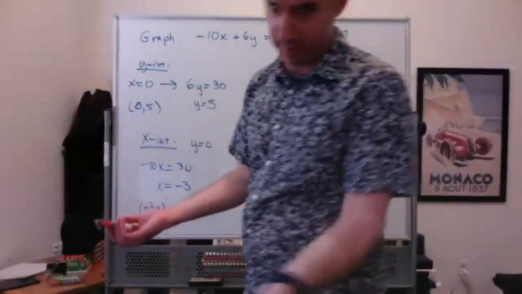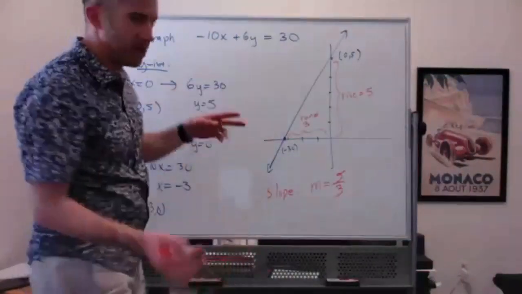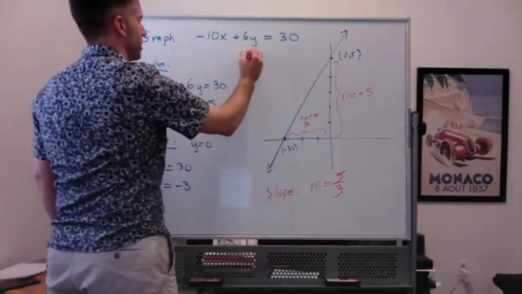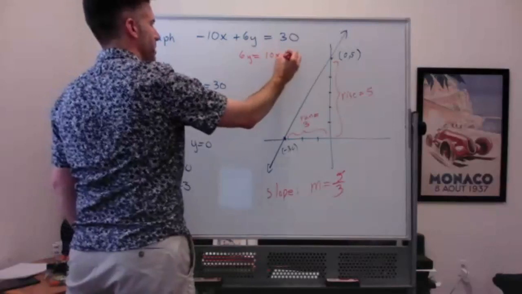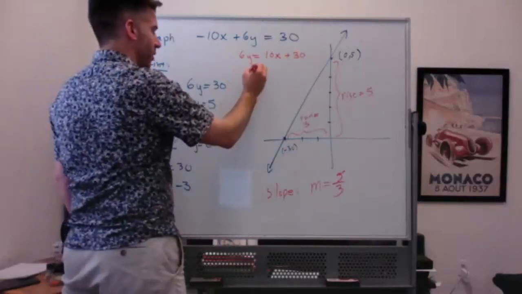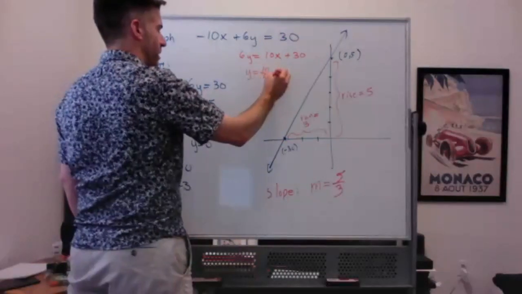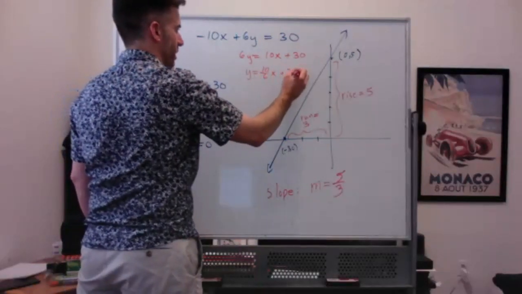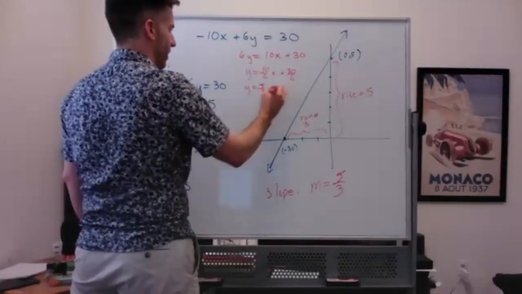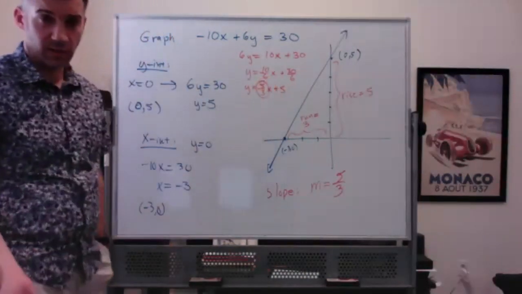Normal is also great sometimes. But we can also do it the more normal way and solve for y. So we could say 6y equals positive 10x plus 30, and then divide both sides by 6 to get y equals 10/6 x plus 30 over 6, which reduces to 5/3 x plus 5. And there's your slope if you want to do it that way.